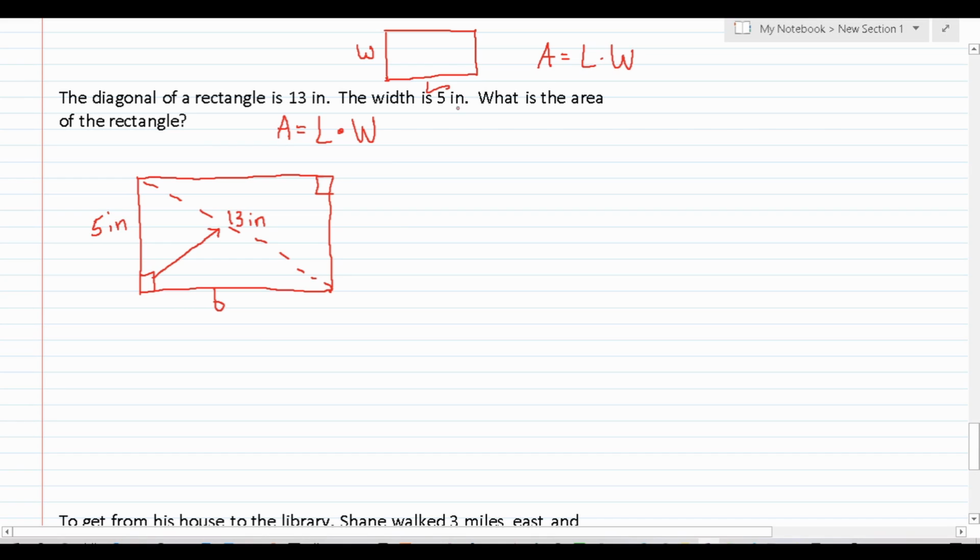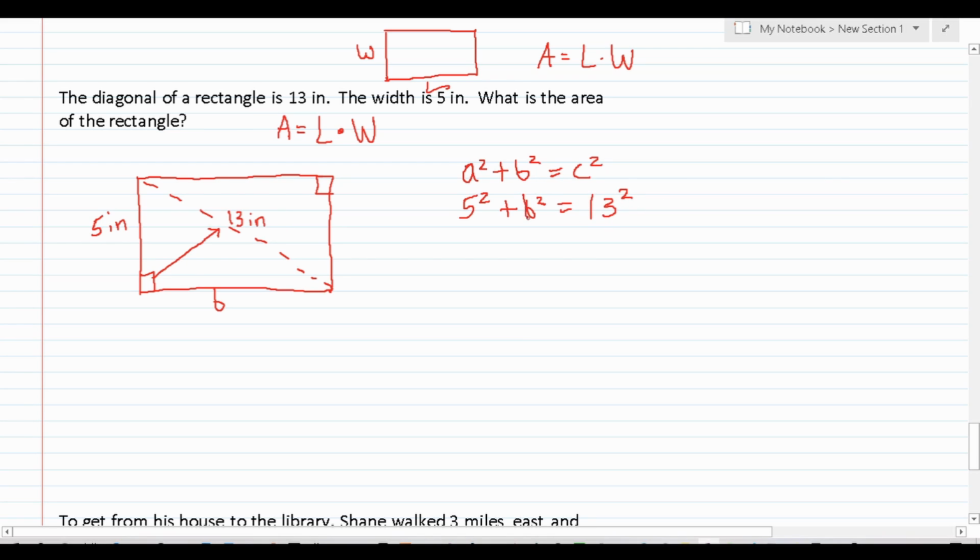Again, let's use the Pythagorean Theorem to solve this one. Again, a squared plus b squared equals c squared. Let's plug things in accordingly. Since I let this be b, we know this is going to be our a, so this is going to be 5 squared plus b squared equals c squared, which is going to be 13 squared.